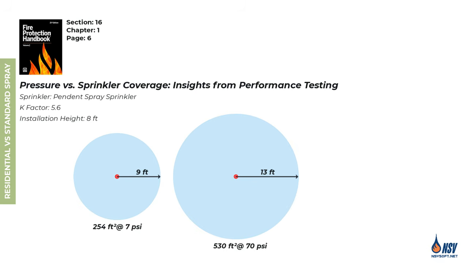Interestingly, at higher pressures, the coverage area begins to shrink. For instance, at 175 pounds per square inch, it reduces to 170 square feet. This phenomenon occurs because higher pressures produce smaller water droplets, which are less able to overcome air resistance and thus cannot be thrown as far.